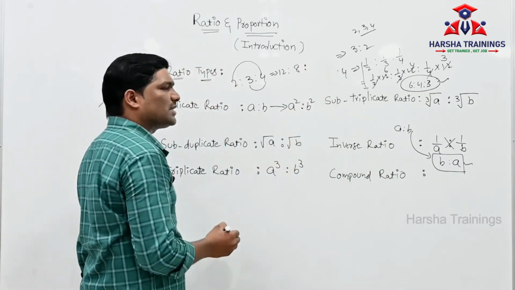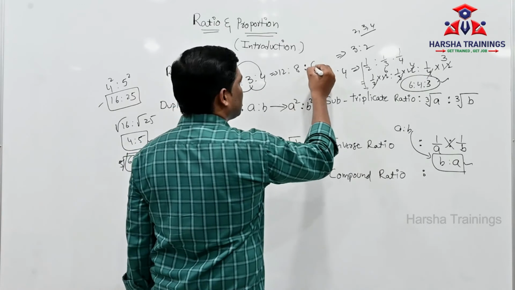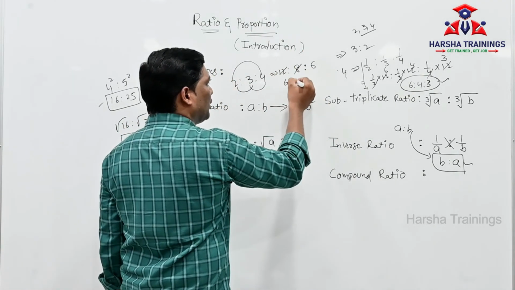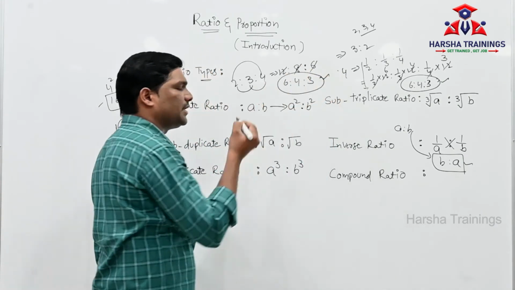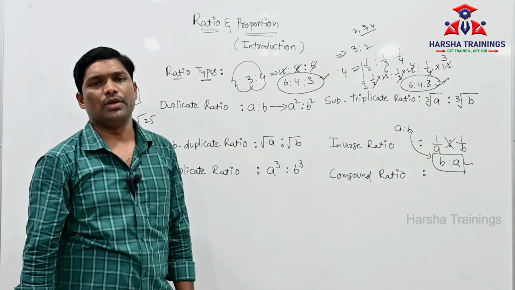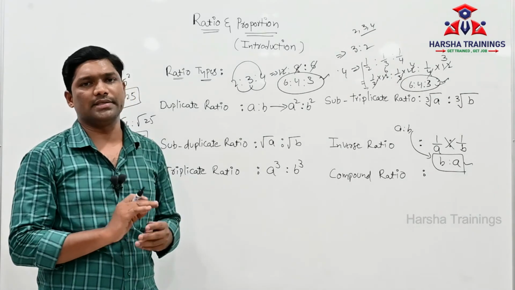Find out the C value: just close the C, and the remaining is 2 into 3, 6. So 12, 8, 6, which reduces to 6 is to 4 is to 3. You can use any logic, guys, no issue. Finally, we will get the same answer.